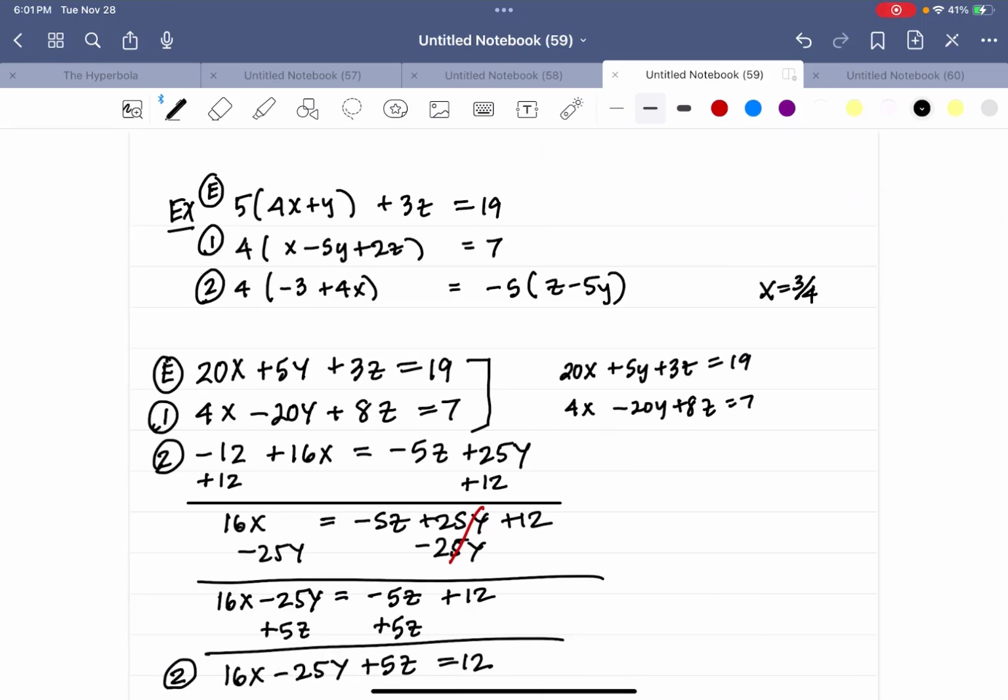Fractions do pop up from time to time, but this one's not that messy. Instead of the x here and here, I've got to put a 3/4. So that's 20 times 3/4 plus 5y plus 3z is 19, and 4 times 3/4 minus 20y plus 8z is 7.